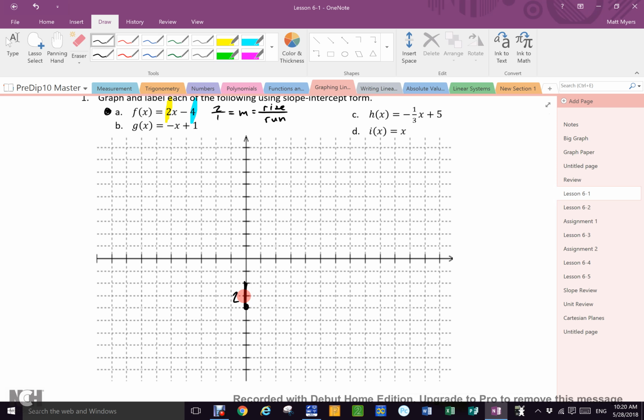I go, don't say over, I go where? Right. 1. Since it's a line, where will the next dot be? Up 2 over 1. And the next dot? Up 2 over 1. What about going to the left? Down 2 left 1. Then where? Down 2 left 1. And it makes this nice line. Is everybody good?